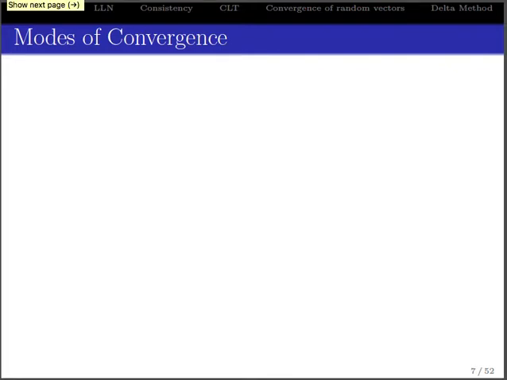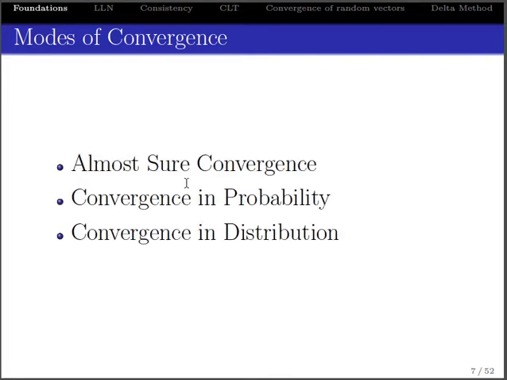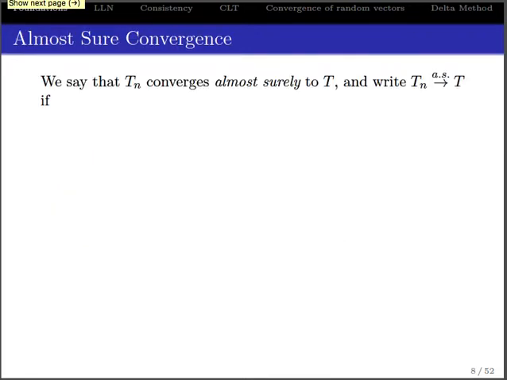We're going to discuss three modes of convergence in this class: almost sure convergence, convergence in probability, and convergence in distribution. And we'll start with almost sure convergence, and we'll say that Tn converges almost surely to T, and write Tn goes almost surely to T, if the following condition holds.